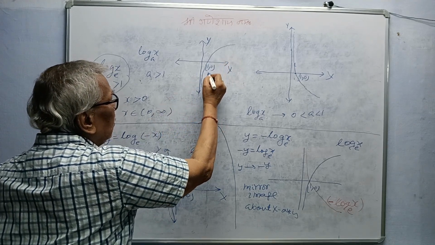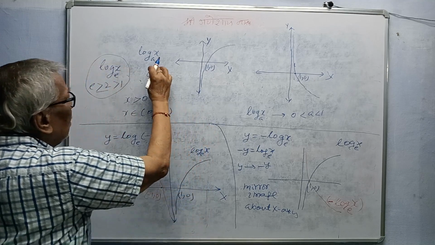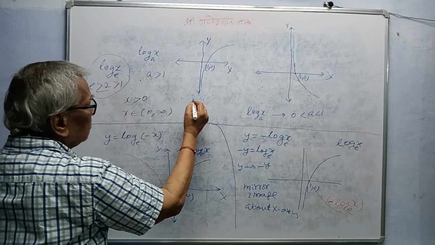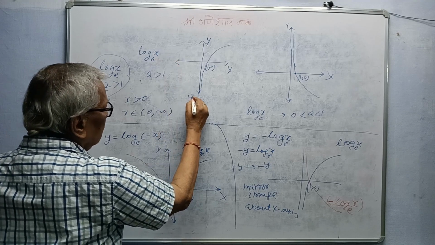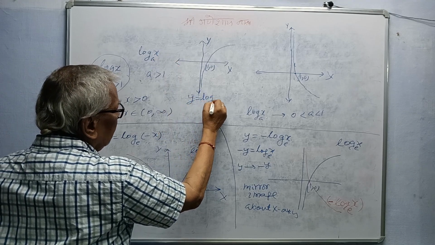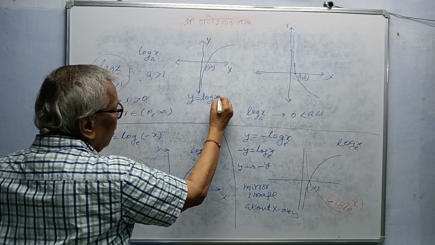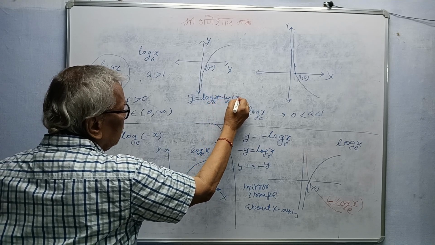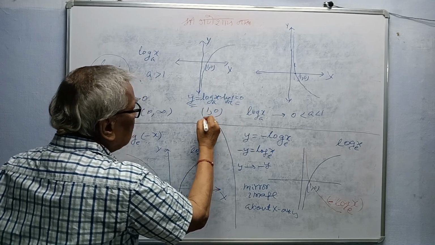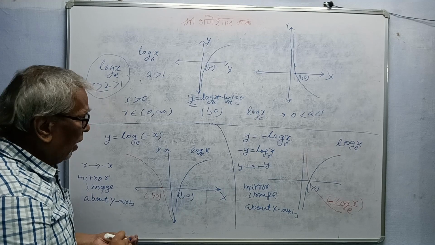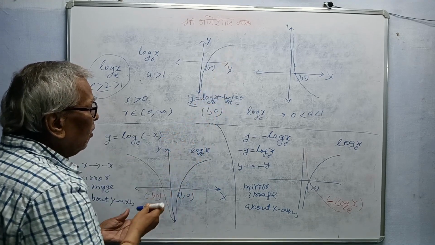this will pass through (1, 0), because when we put x equal to 1, y is equal to log 1 to the base a, which is 0. So y becomes 0, so (1, 0). So this will pass through (1, 0), and it will be a curve like this. Why?